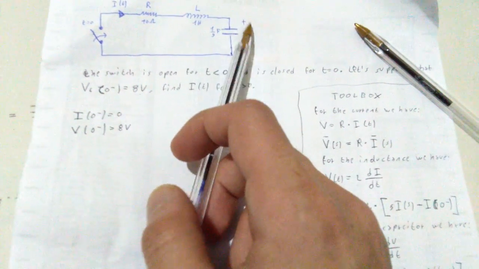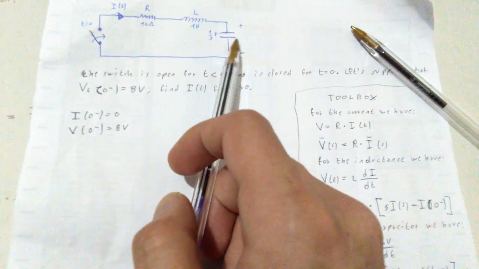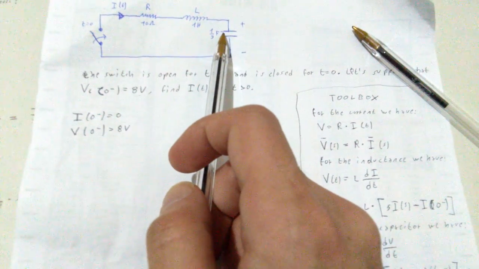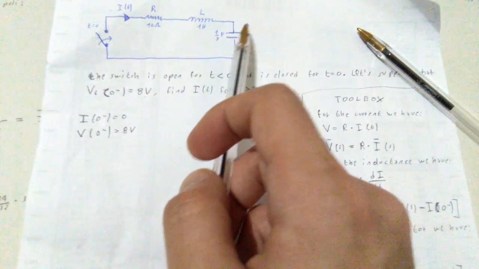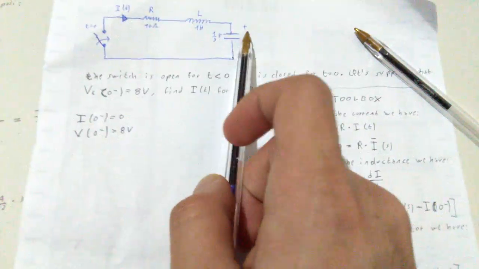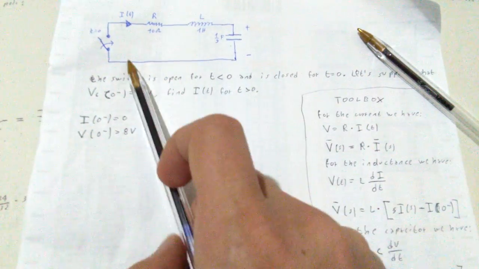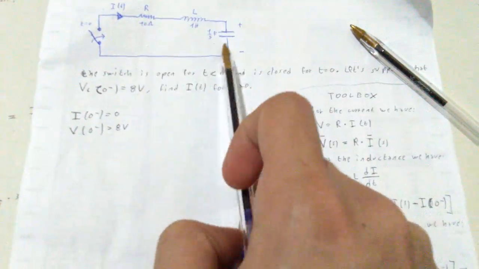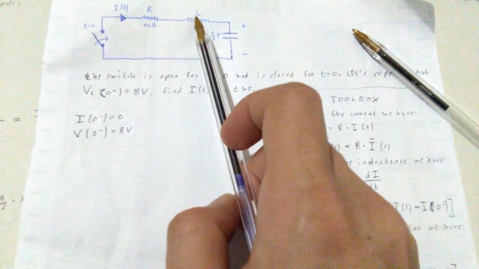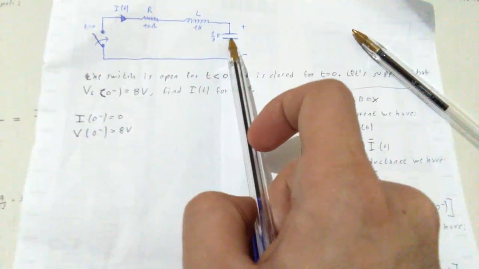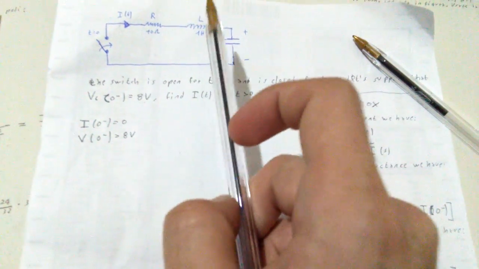So we are just assuming that the capacitor is charged and starts discharging, and therefore the current is going to flow and pass through the resistance and the inductance, until the capacitor is fully discharged.